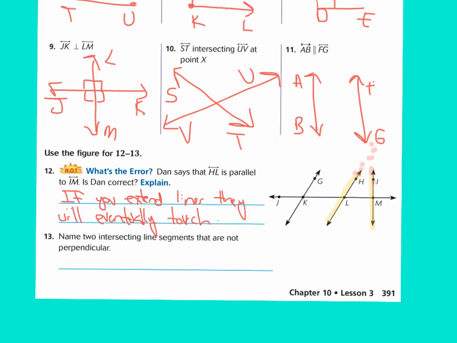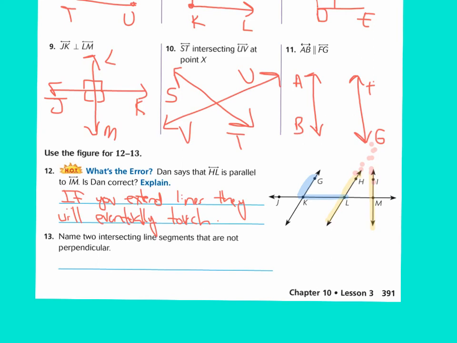Lastly, number 13, name 2 intersecting line segments that are not perpendicular with each other. Okay, I see we have line segment GK here, and then we also have line segment KL. Those would be 2 line segments that when they meet at that point of K, the angle created is not a right angle.